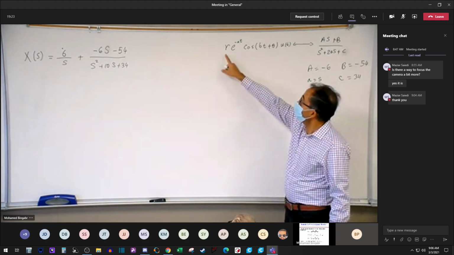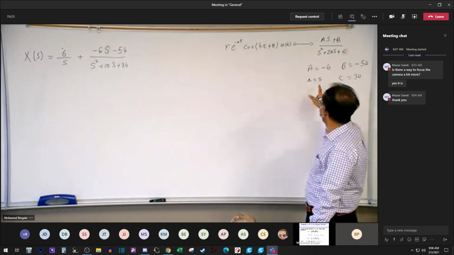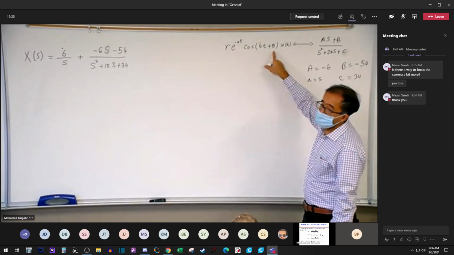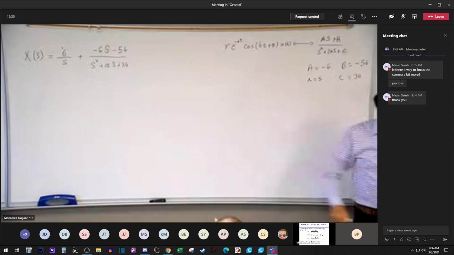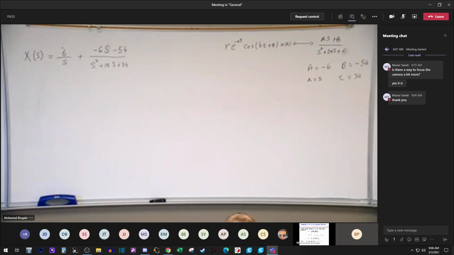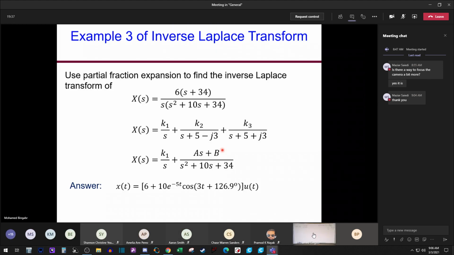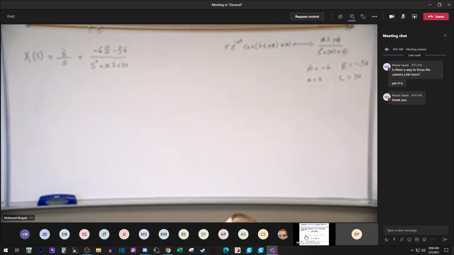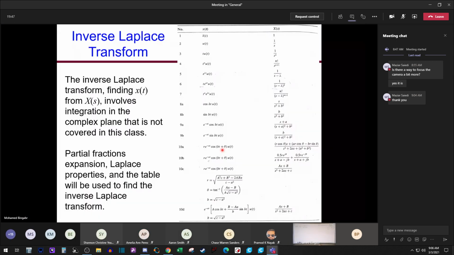Now I need to find R. A, I have it. Little a is 5. I need to find B, and I need to find theta, and I'm done. And if you go back to the table here, this table here, that is the value of R. This is theta, this is B. So I'm gonna plug just the value for R or B. B is easy.